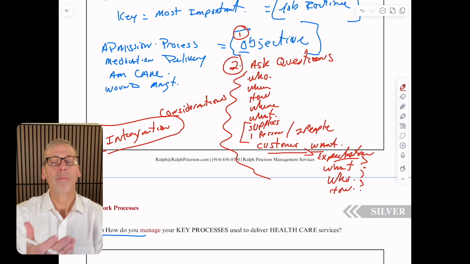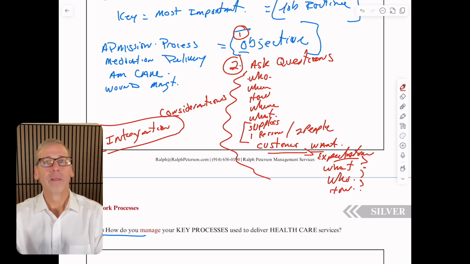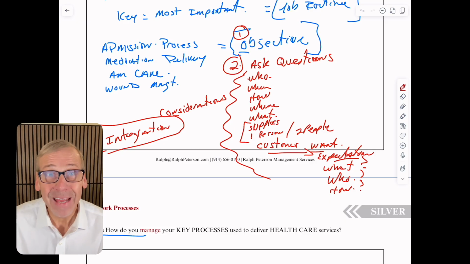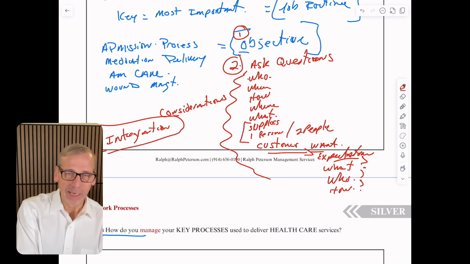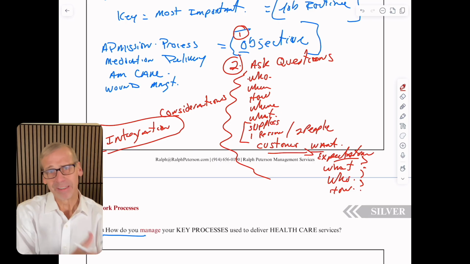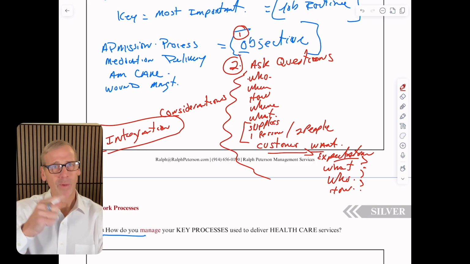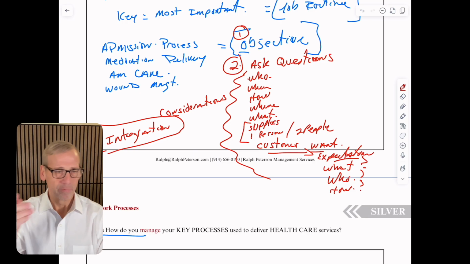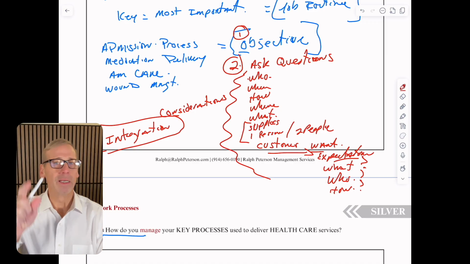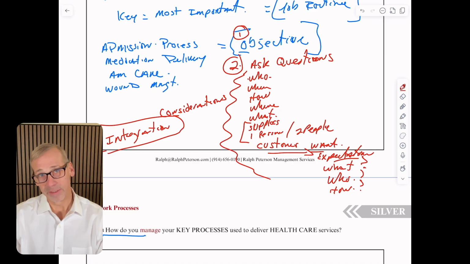Now we have them with no clothes on in the shower room beside the scale. What if we decided we could also weigh them? Now we're getting accurate weights, we're getting skin assessments done, and the resident is being showered. 1, 2, 3 departments, 3 key processes: weight assessment, skin assessment, showers, all being done at one time. That, my friends, is integration. What a wonderful thing. But we can keep going.